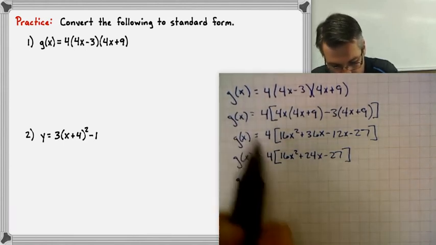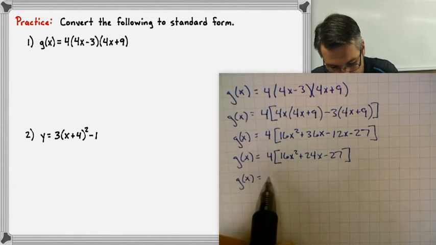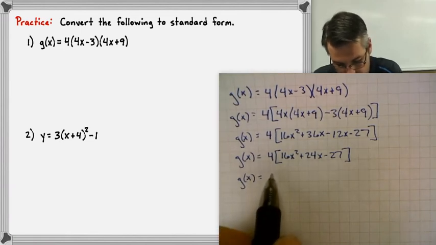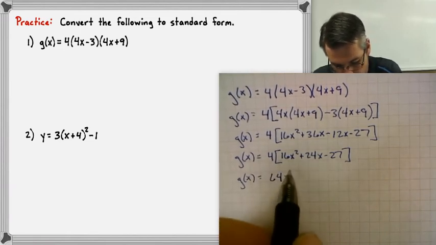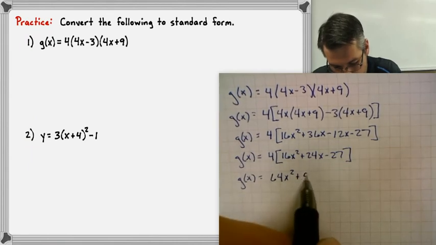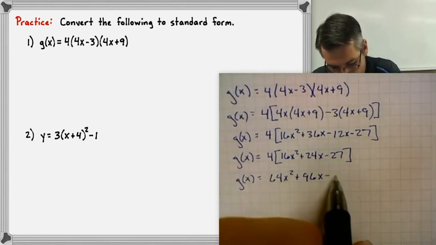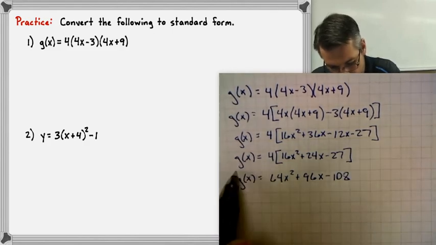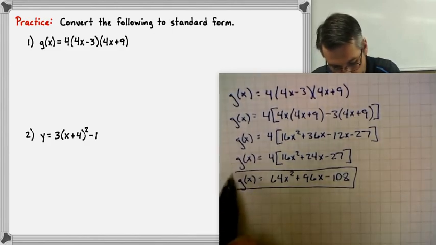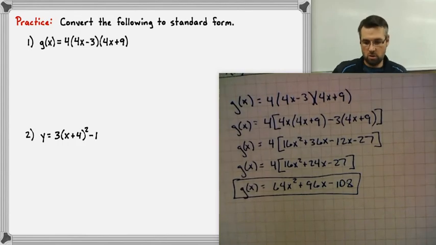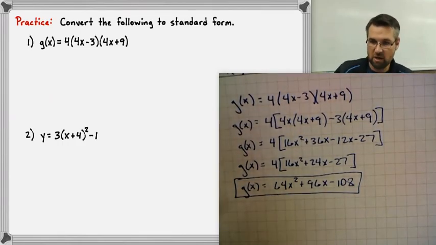So we end up with, let's see, 4 times 16, that is going to be 64x squared plus 96x minus 108. And that is our standard form, converting from the factored form.